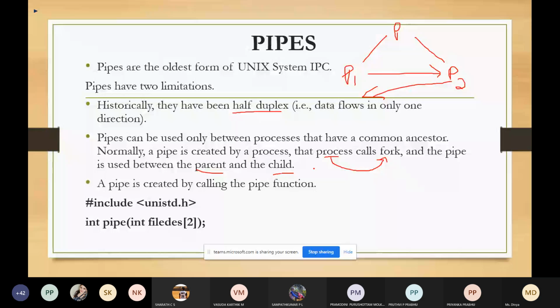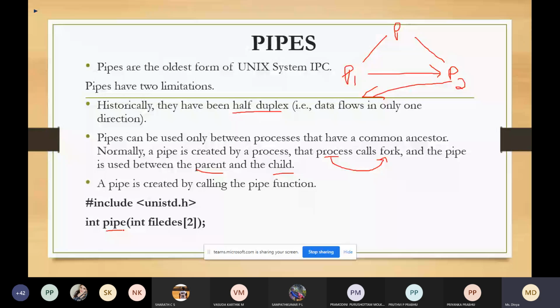So this is the prototype for creating the pipe. A pipe is created by calling the pipe function. It returns 0 if everything is okay, and it returns -1 on error.